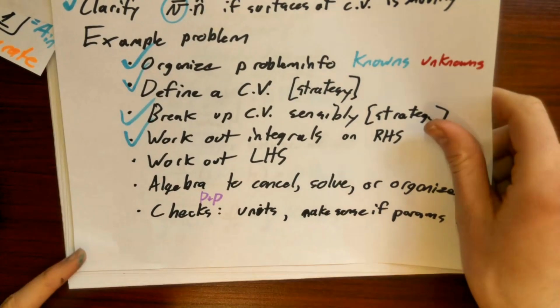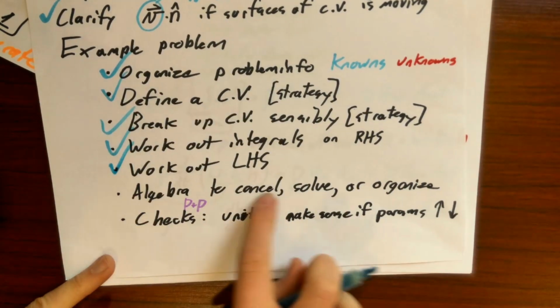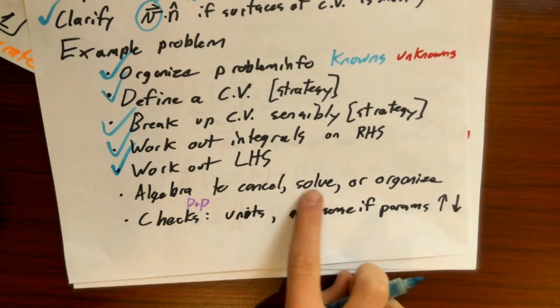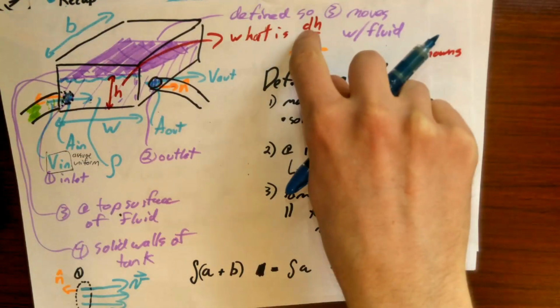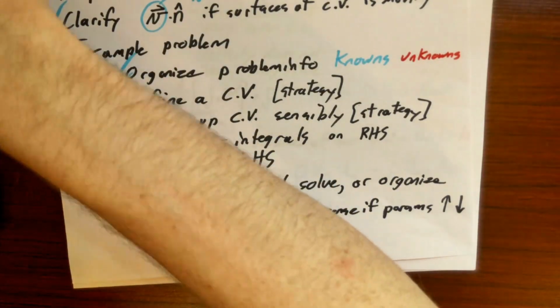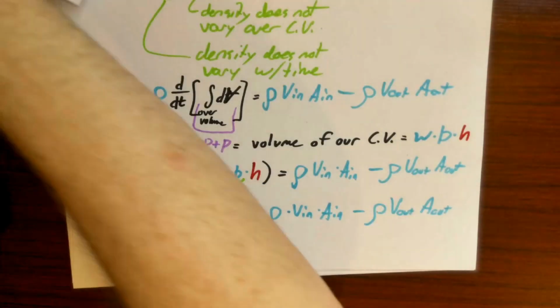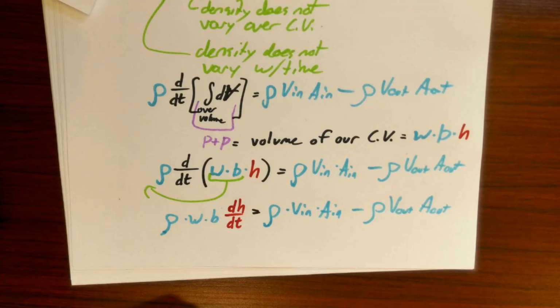All right, so what are we going to do? I would say we've worked out the left-hand side, but we still have a little bit of algebra to do to cancel some stuff out, solve, and organize our results. Ultimately, what we said we were looking for was this expression for dH/dt entirely in terms of known or given problem parameters. So let's do it. Well, we can just divide everything by rho times W times B to solve for dH/dt.